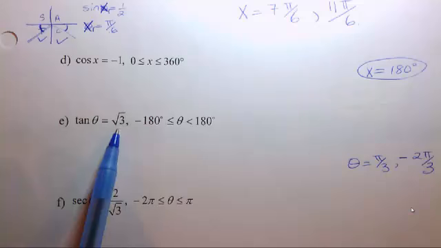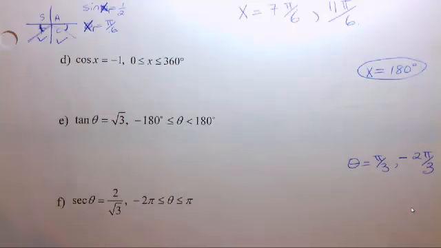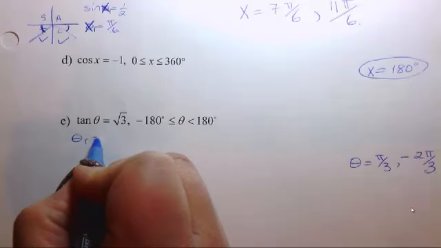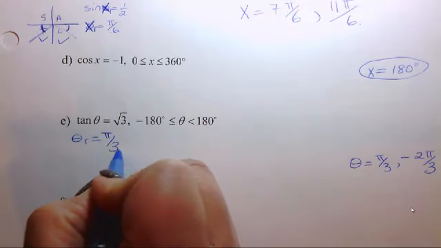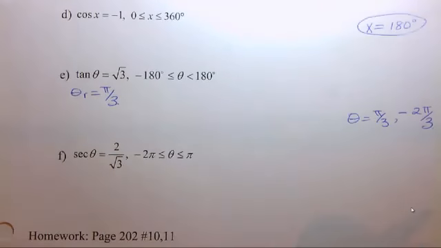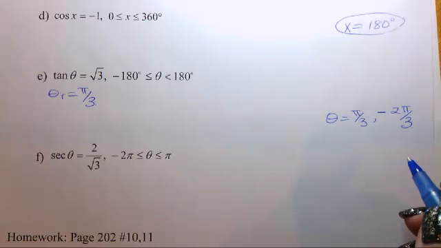The reason why I gave my answers in pi by 3 and so on is because I just used the fact that the reference angle here is pi by 3.